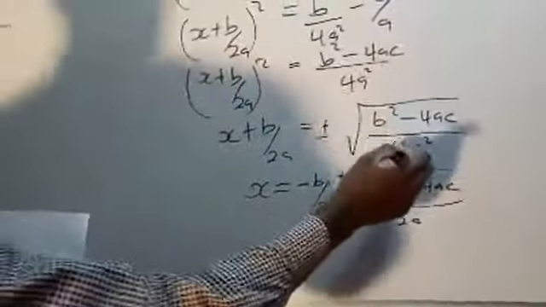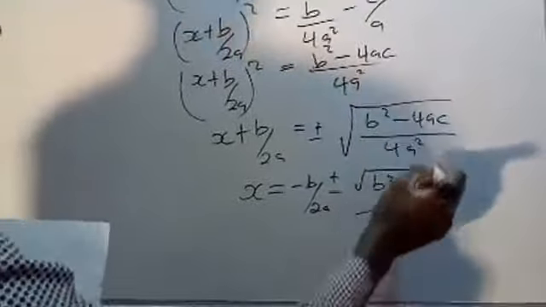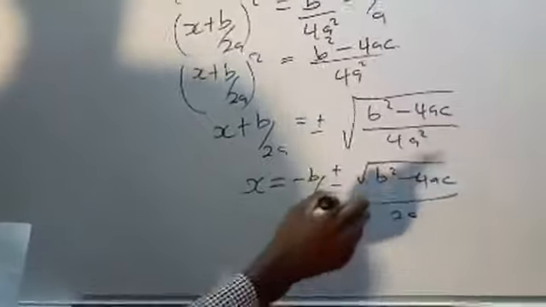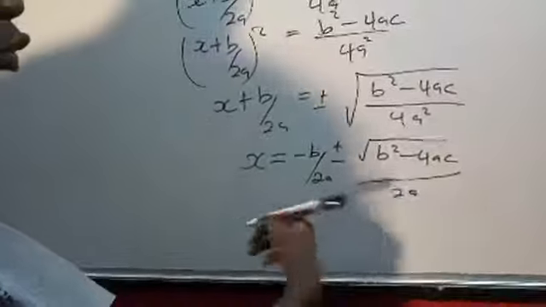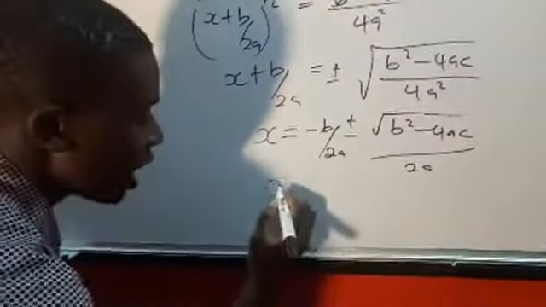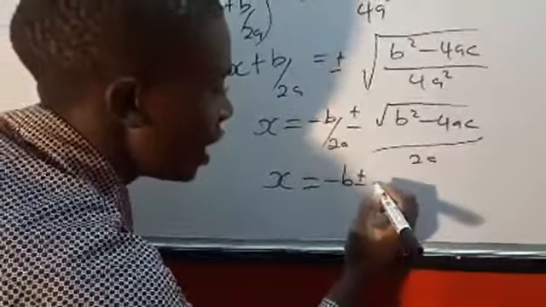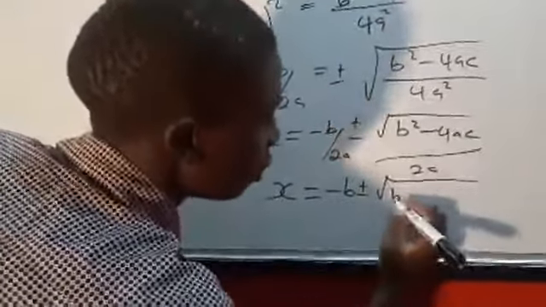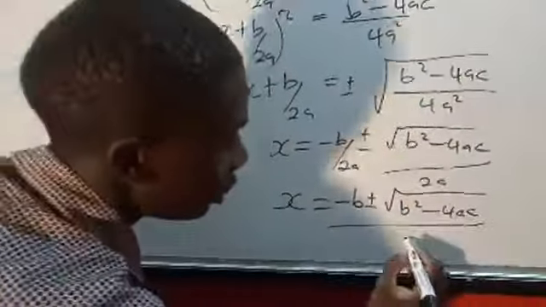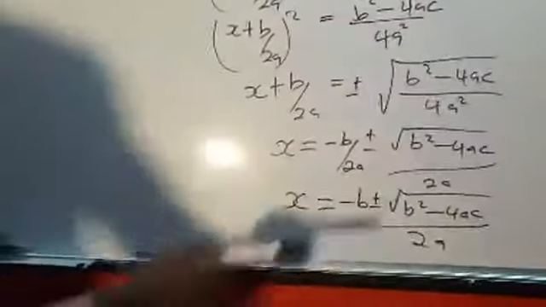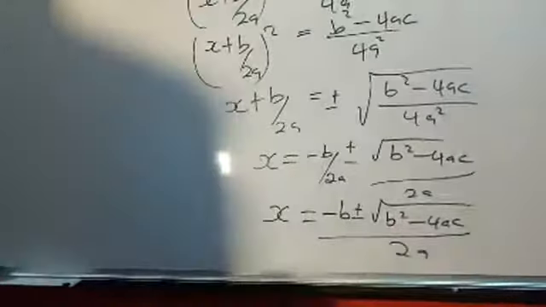When we get the square root of 4a squared, we are going to get 2a. The LCM will remain the same, becoming x equals minus b plus or minus root b squared minus 4ac over 2a. This is the quadratic formula.